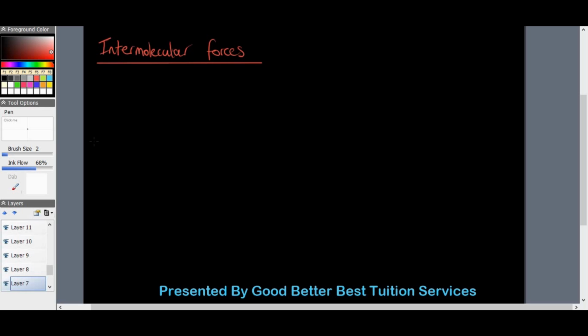So you can have an ion bonded molecule, or you could just have a molecule. The important thing that we need to understand about intermolecular forces is the fact that they are attractive forces, very similarly to that of a magnet.